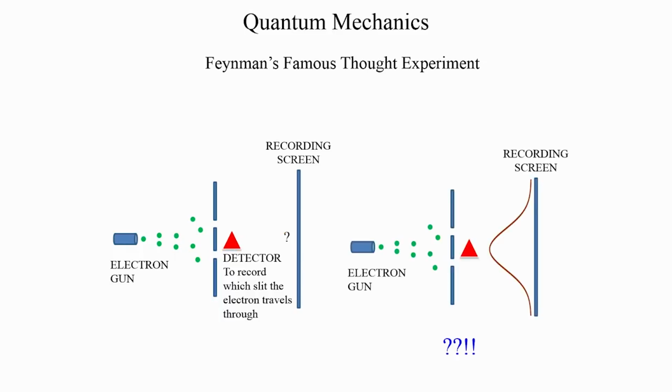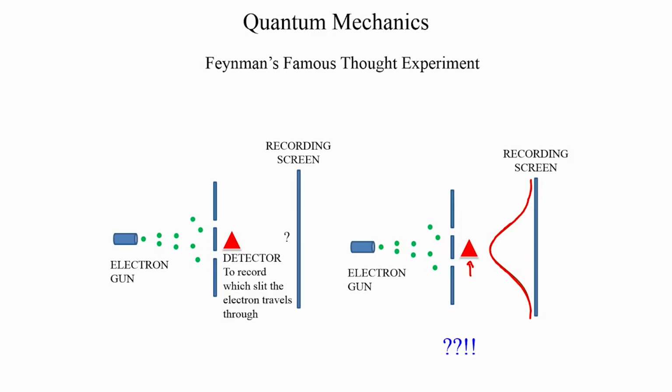We see that when the experiment is run with the detector in place, the electrons produce an intensity pattern that was seen when bullets were fired, or when large particles were fired. Now this is even more surprising than the previous experiment.